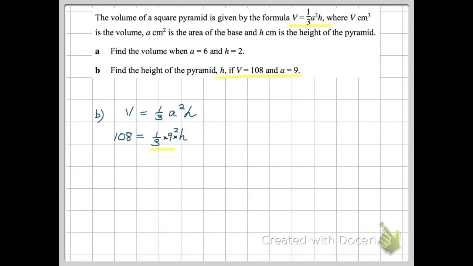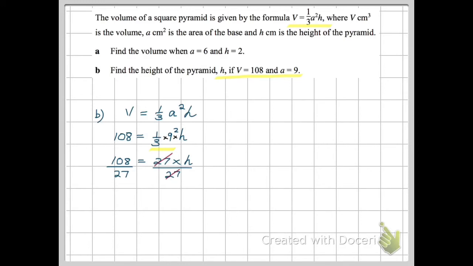In the next step, we look at the numbers and we're going to simplify the numbers. And you can use your calculator and you will get 108 equals 27 times h. Don't do anything else, just do one calculation per line. Once you've got to this point, it's looking very simple. We just need to find the value of h, and we do that by dividing both sides of the equation by 27.